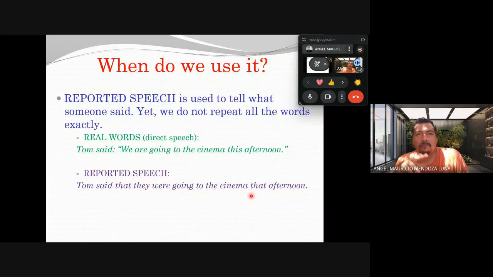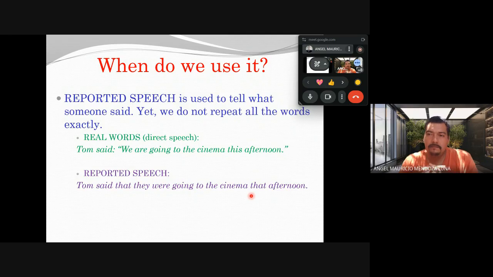And some friend of yours needs to report what the other friend said. In that situation, indirect speech is needed. That's why, my friends, the reported speech will be: Tom said that they were going to the cinema this afternoon.